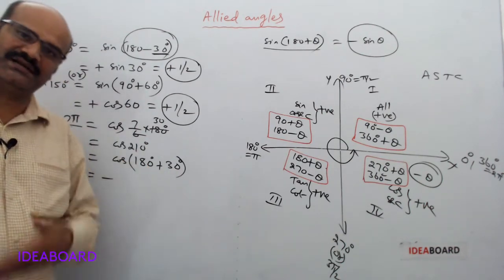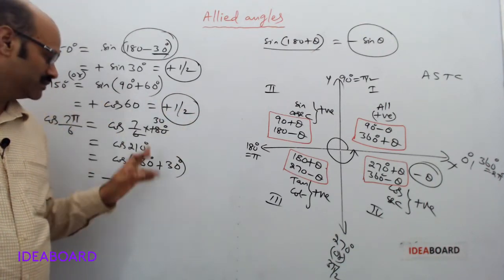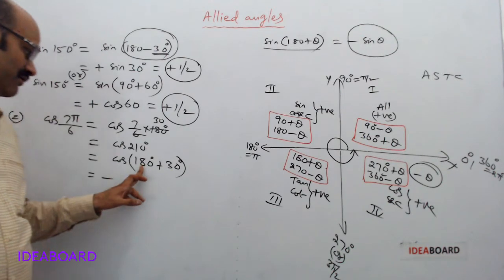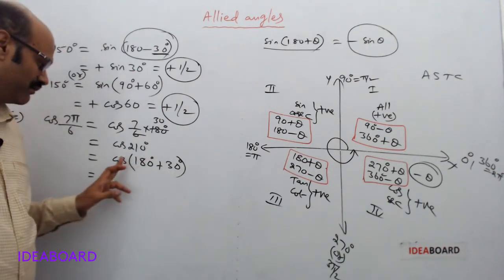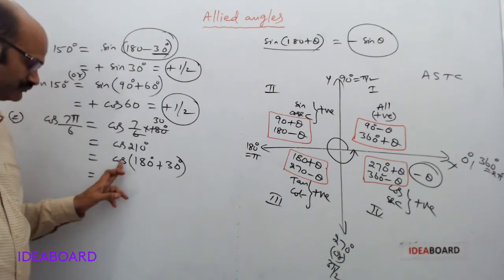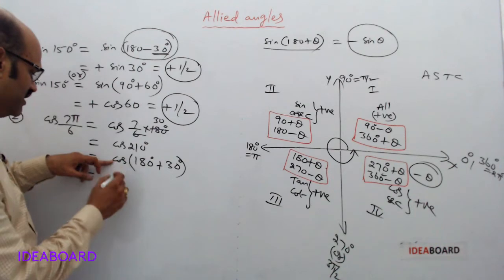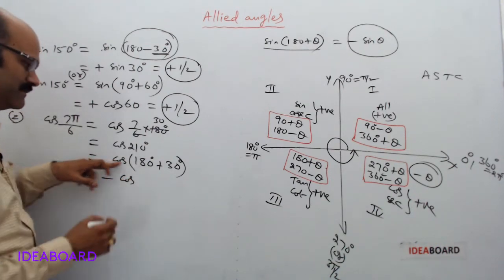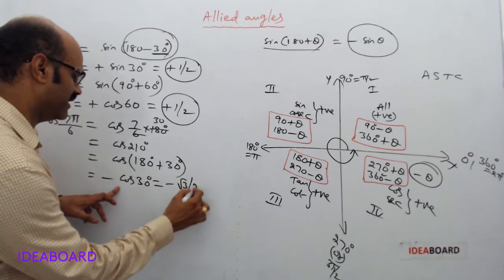Whether it is 180 minus theta or 180 plus theta, both are allied to theta only. So theta means we have 30 degrees. Whenever you have 180 plus theta, no change. So here we have cos 30 degrees equal to minus root 3 by 2.